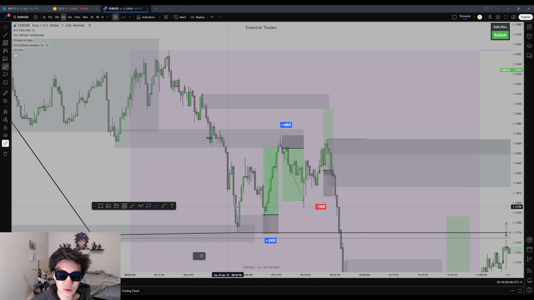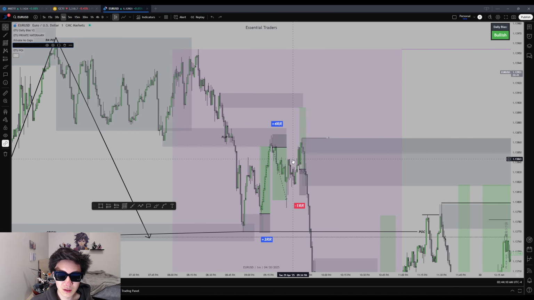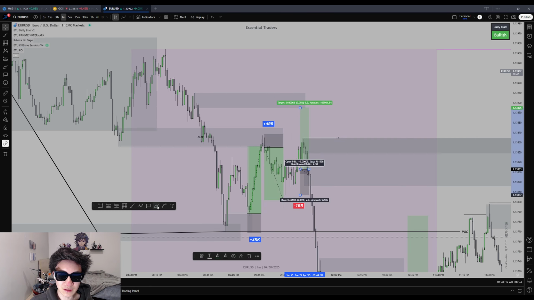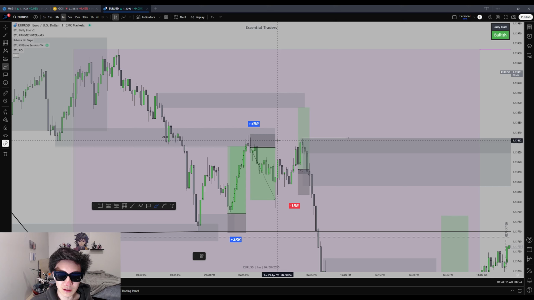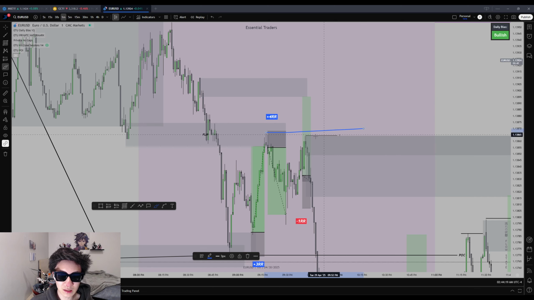So then this here would be, again, an example of a conservative TP. I'm not targeting external structure or external swing highs and lows. I'm just targeting what's within the range, which is flips or origins. This here is also a conservative trade. Well, actually, this is a little bit complicated just because we are making internal structure here in terms of this high here.